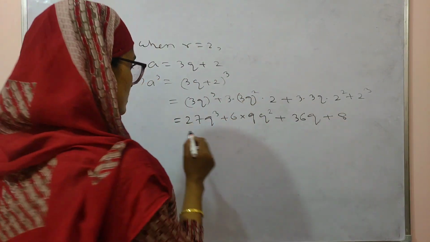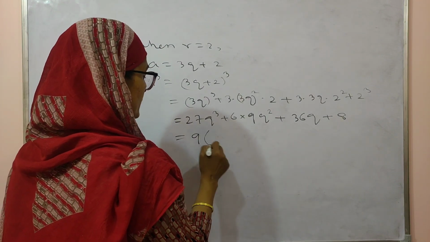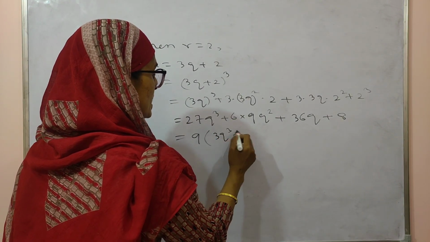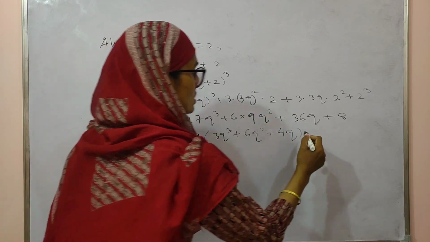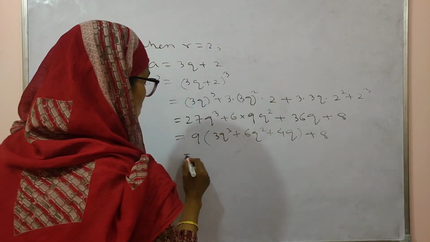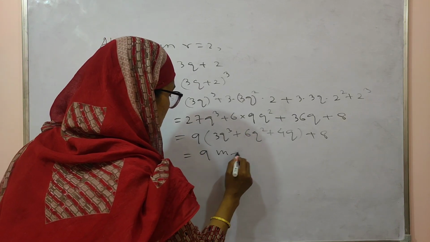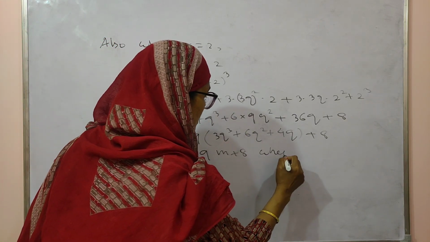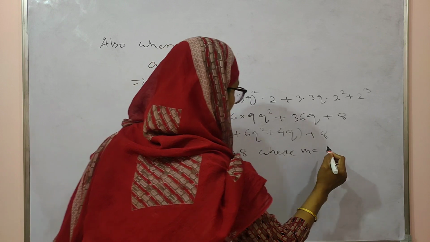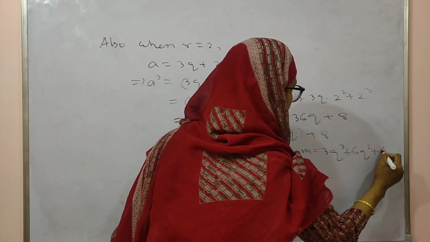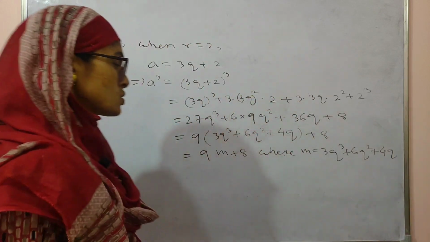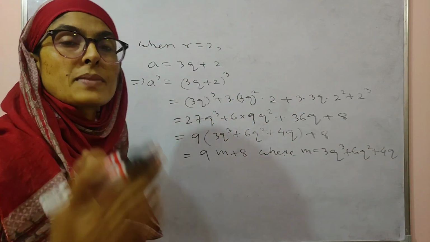Now take common 9: 9 times 3q cube plus 6q square plus 4q, plus 8. So you can write this as 9m plus 8, where m equal to 3q cube plus 6q square plus 4q. So this is of the form 9m plus 8.